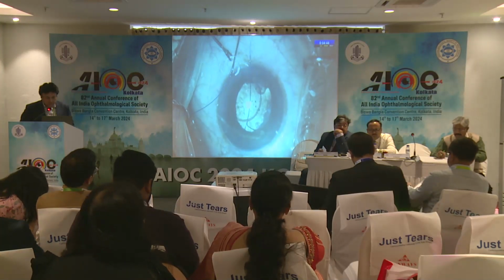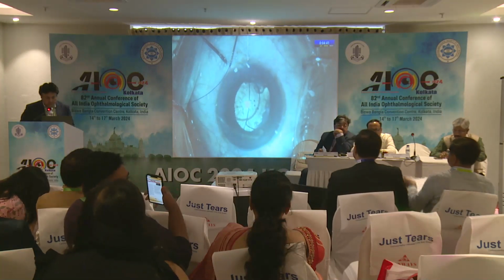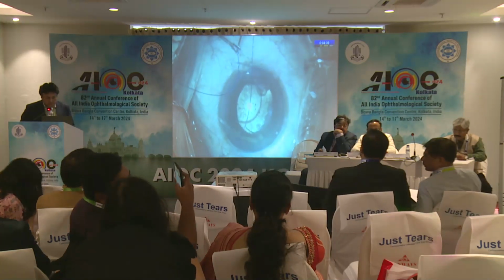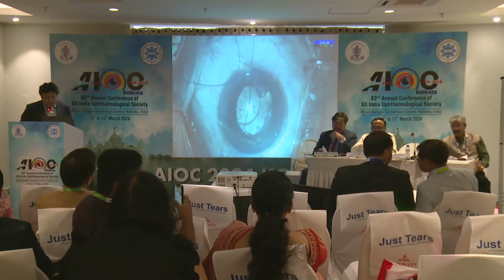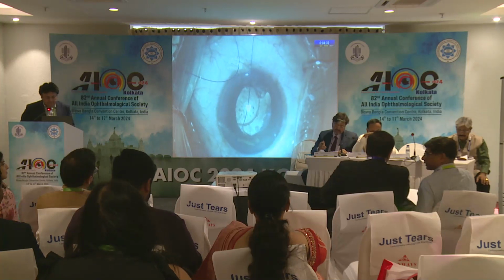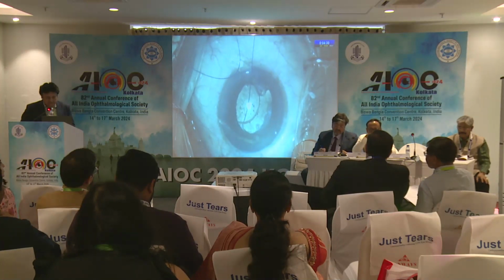A similar step is carried out on the other haptic. 6-0 Prolene is passed to the needle. A flange is formed again with the help of cautery, and a pull is done to confirm the strength of the flange.